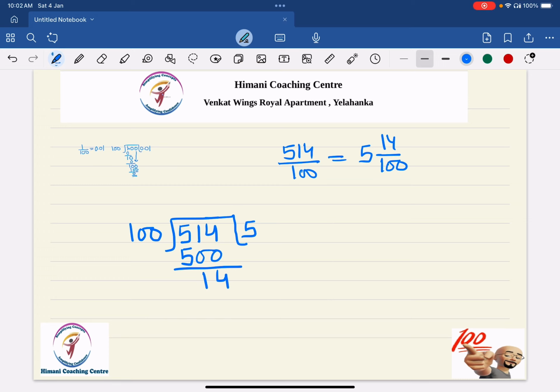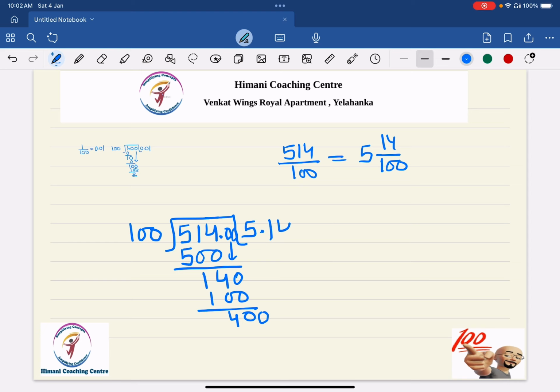So what should we do? Put a decimal here, put a decimal here, put a 0 here. When you put a 0 here, this 0 will come down. Now 100 times 1 is 100. Then we get 40 here. Now we will put another 0 because after the decimal we can keep on putting as many zeros as required.